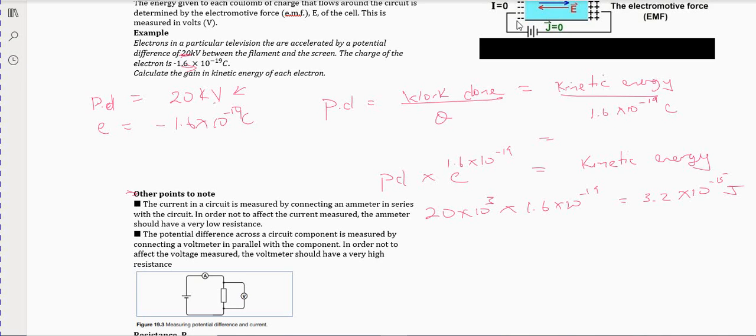For potential difference, on the other hand, you generally use a voltmeter to measure the voltage, and the way you have to set it up is that your voltmeter must be in parallel with the component that you're measuring the voltage of.